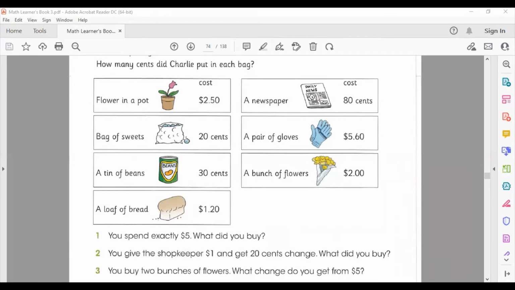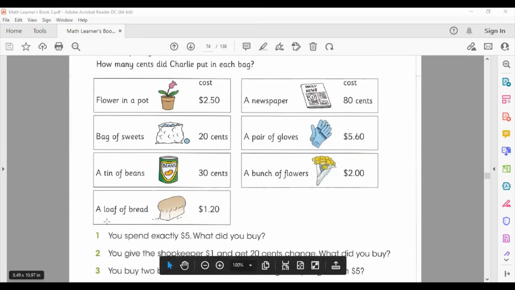Bag of sweets, 20 cents. A newspaper, 80 cents. A pair of gloves, $5.60. A bunch of flour, $2. A tin of beans, 30 cents. A loaf of bread, $1.20. So this is the information.